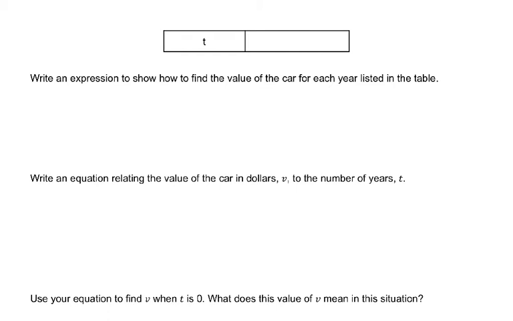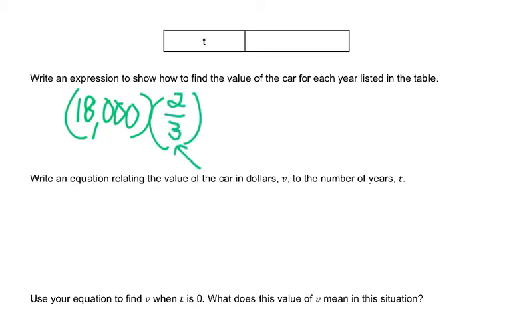Now, what happens if I want to write an expression to show the value of the car after each year? Well, think about it. What did I start with? How much money was my car? It was 18,000, right? And how much was left each time? 2/3. It's always what I'm left with.